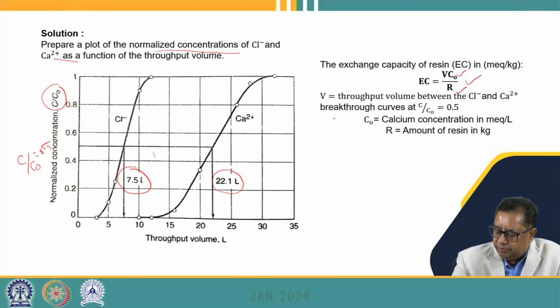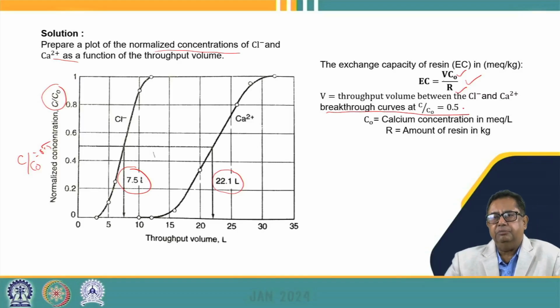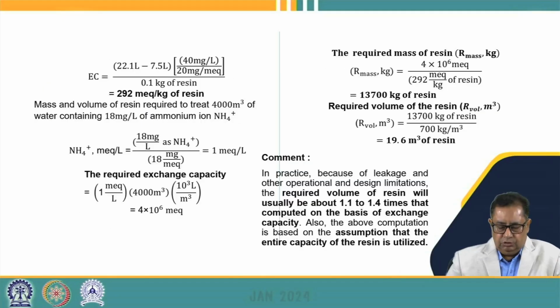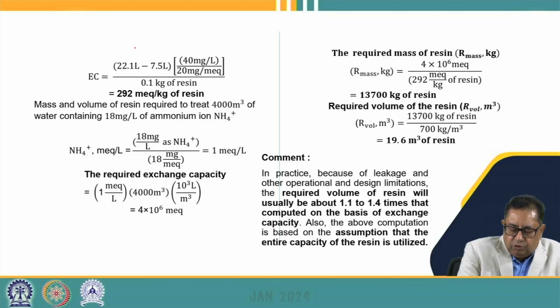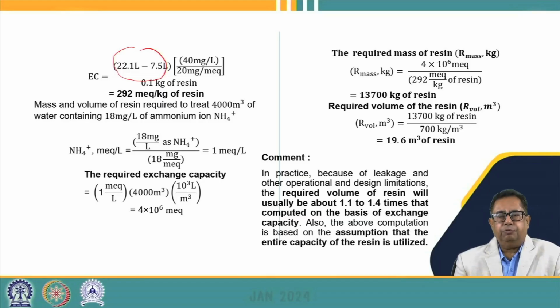and R is the amount of resin that we have put into the column. So we are finding the capacity at C by C naught equal to 0.5, and we can find the total volume. So 22.1 minus 7.5, because 7.5 represents the chloride ions and 22.1 represents the calcium ions applied to the column.